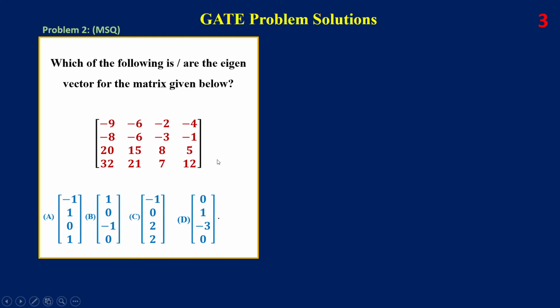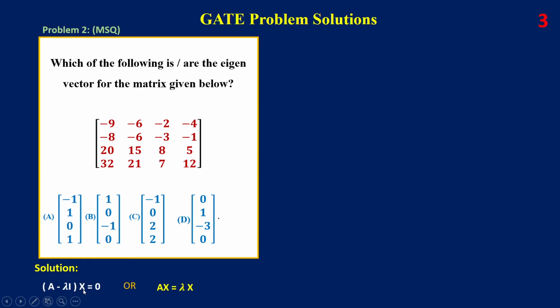Here also we can use two formulations, A minus lambda I into x equal to 0, or Ax equal to lambda x. Since we have a 4 cross 4 matrix, if we use the first formulation it will be toughest, because there will be 4 equations to solve.